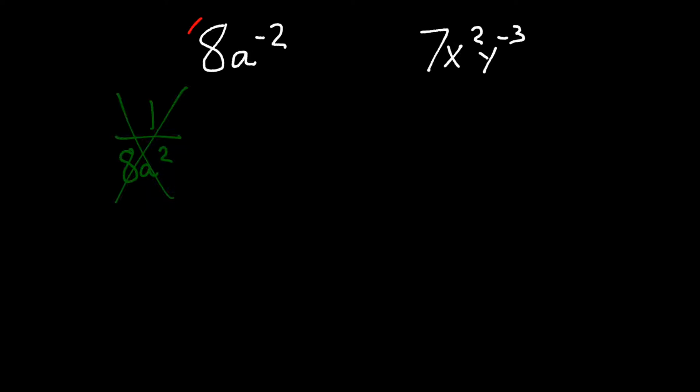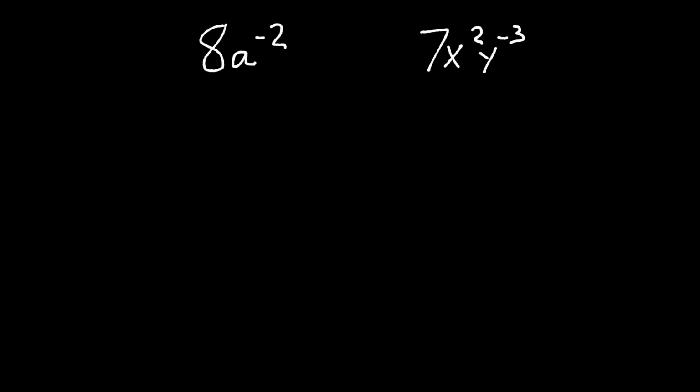If I had parentheses around the 8a like you see here, this would lead us to here. That would be good. But I don't have parentheses. All I have is the negative 2 on the a.